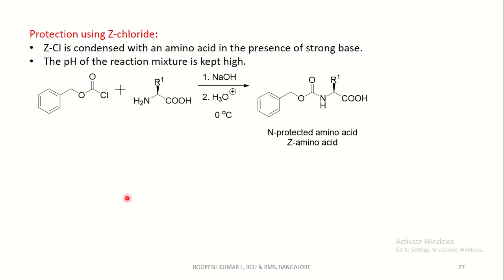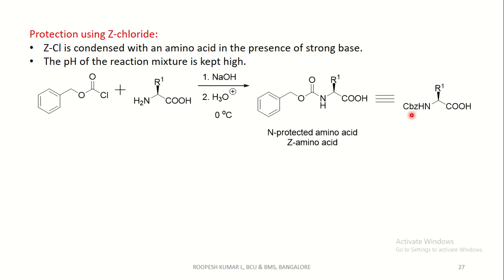And this is a reaction, this is a Z chloride on reaction with amino acid in the presence of a base at 0 degrees Celsius, and the solvent generally used are acetone and sometimes dioxane also, and we get N protected amino acid, that is here Z amino acid. And you can see here amino group has been protected by Z group and hence it is called a Z amino acid.